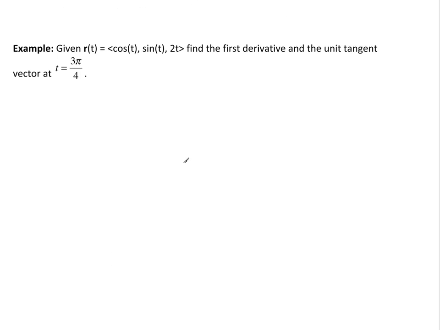Given r of t equals cosine t, sine t, and 2t, find the first derivative and the unit tangent vector at t equals 3 pi over 4.